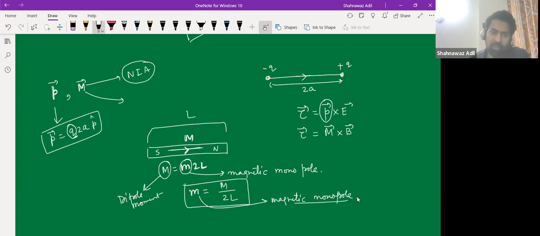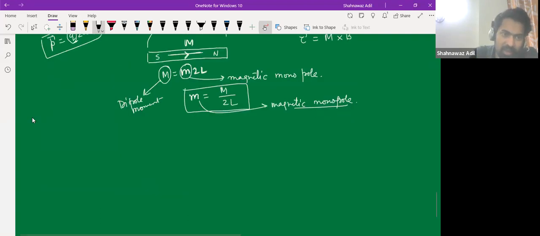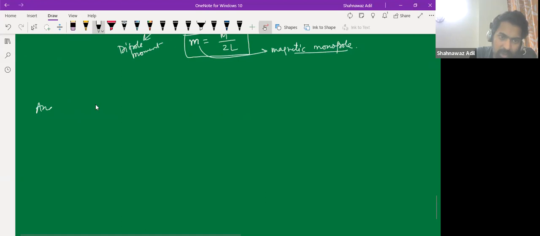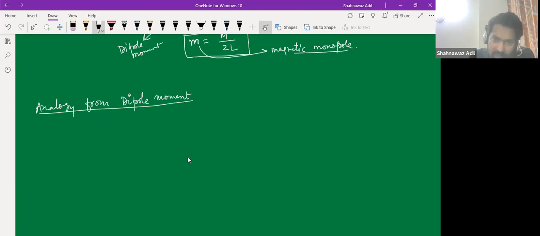Okay. So whenever we write the analogy from the dipole moment, let's say we have a bar magnet like this, and its magnetic moment is in this direction.